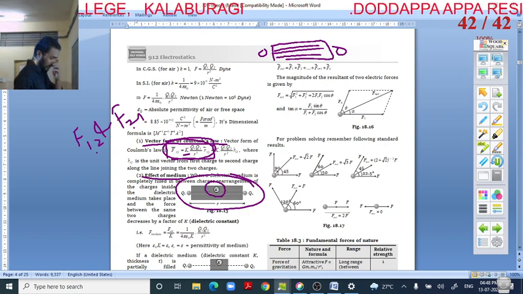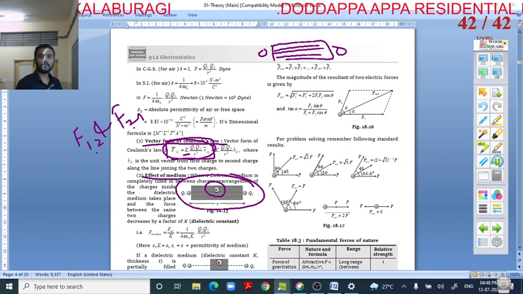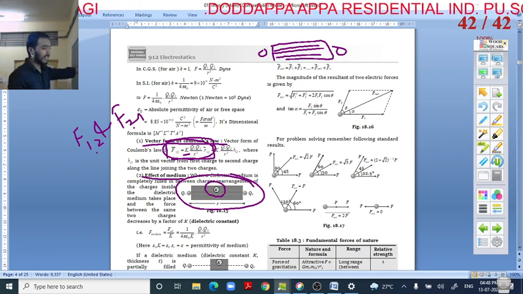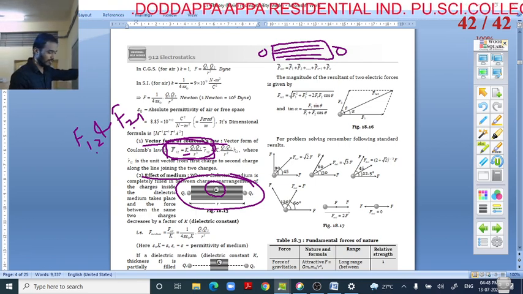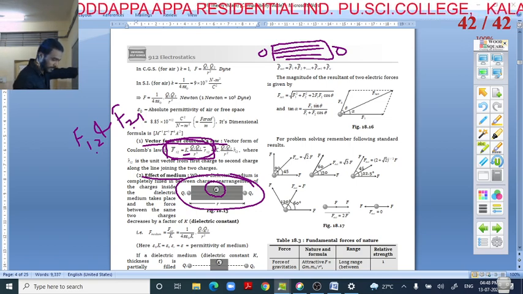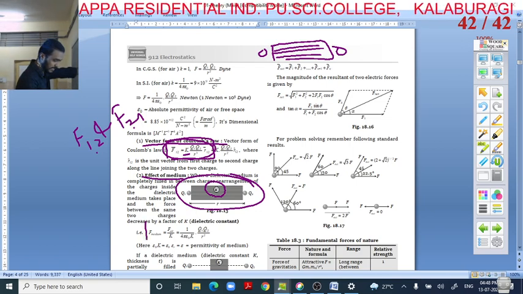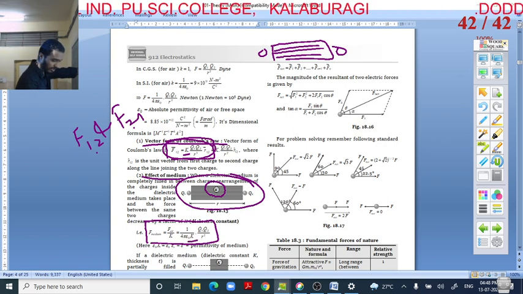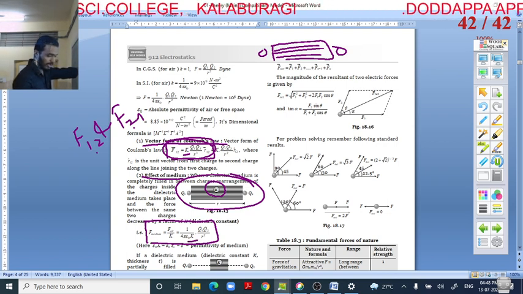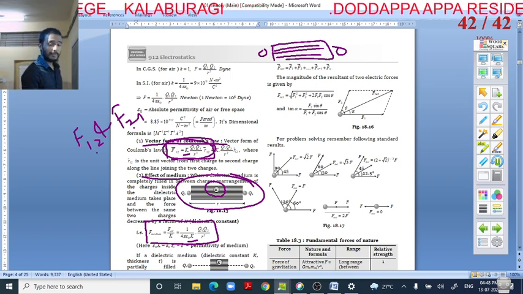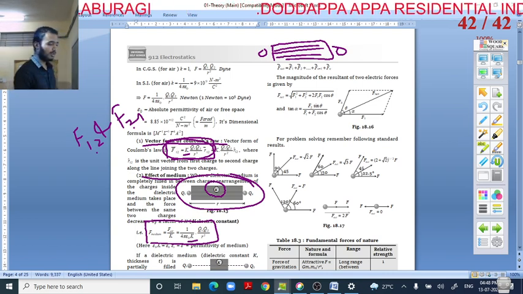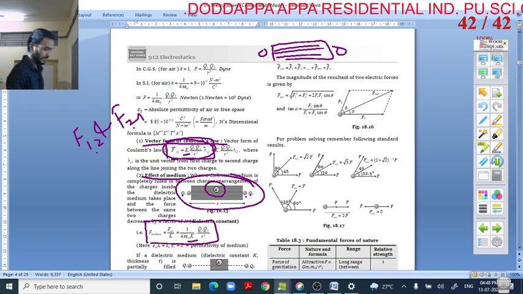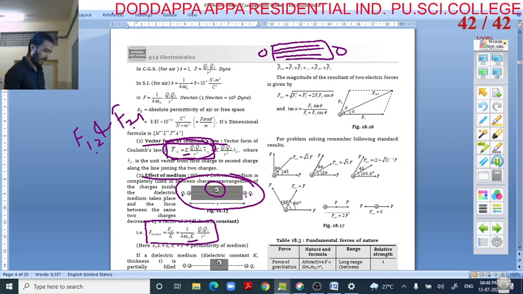Regarding the dielectric, we will discuss later. That is nothing but an insulating medium, what we call an insulating medium. So the formula becomes 1 by 4 pi epsilon naught K Q1 Q2 divided by R square, if the medium is present between the two particles, right? Okay, next.